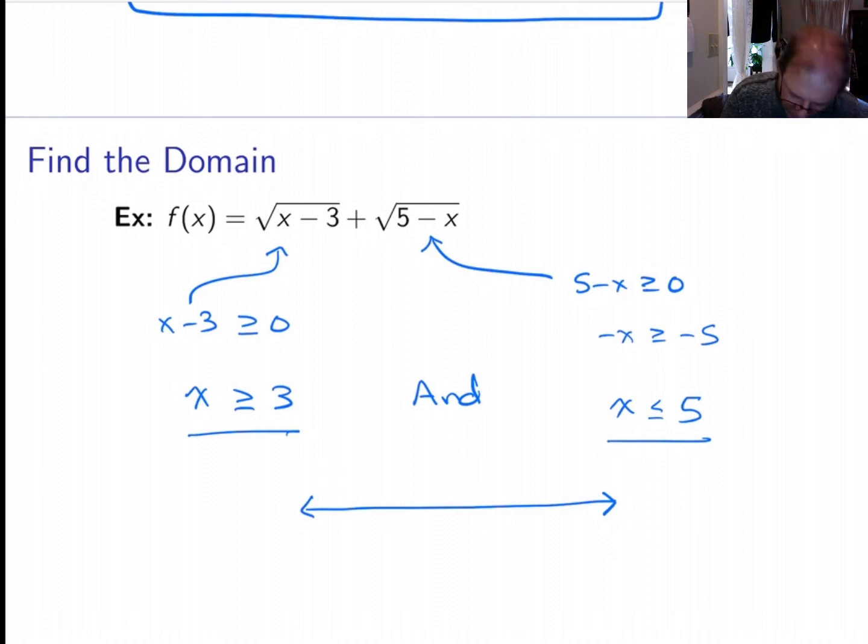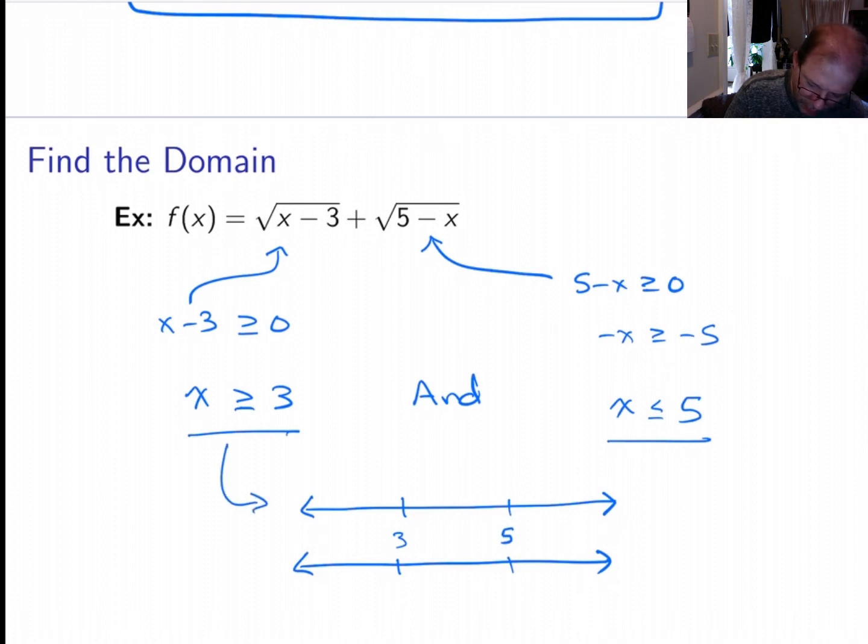I'm going to do this in 2 steps. I'm going to put 3 and 5 on both of these number lines. So x is greater than or equal to 3. That's going to be this one. So it has to be 3 or bigger. And x is less than or equal to 5.